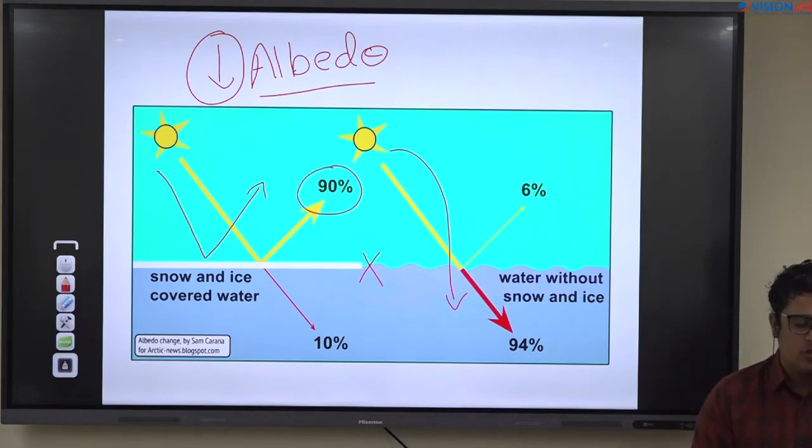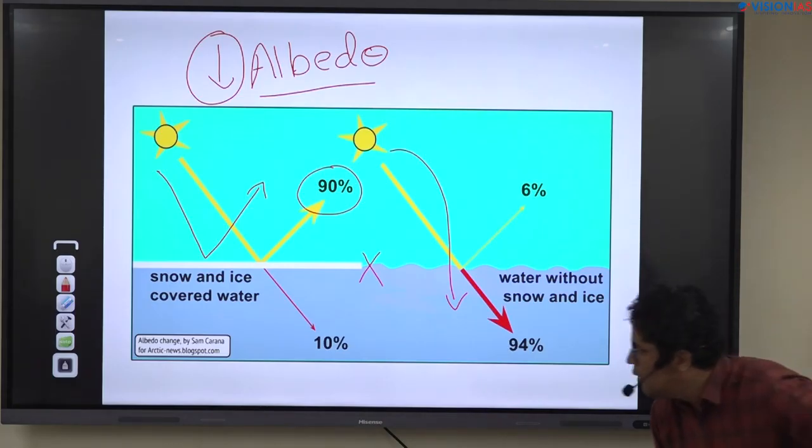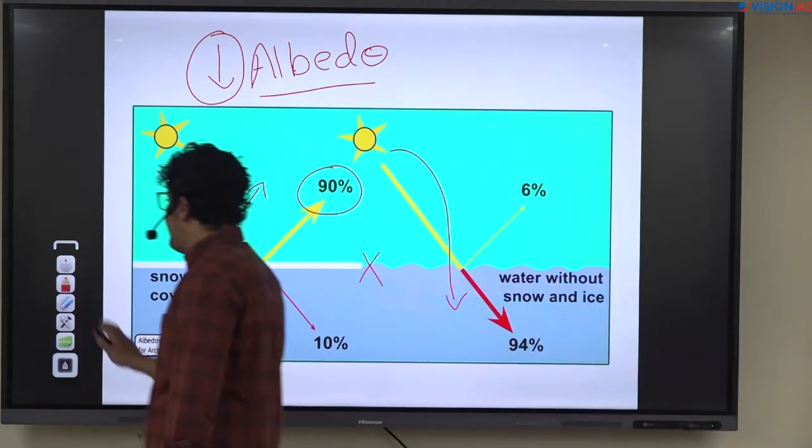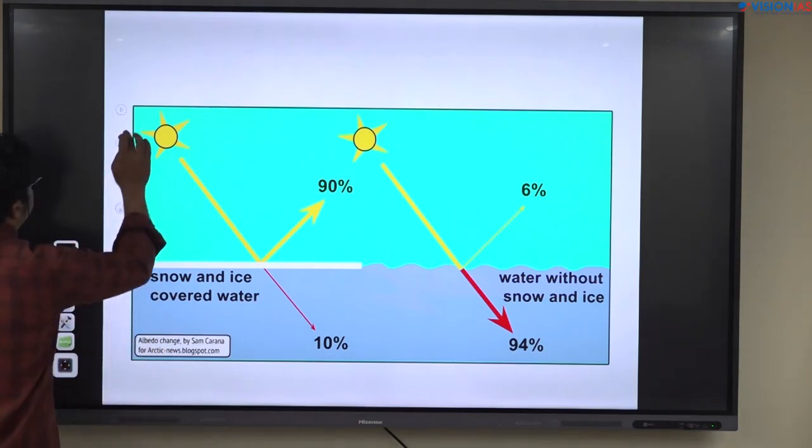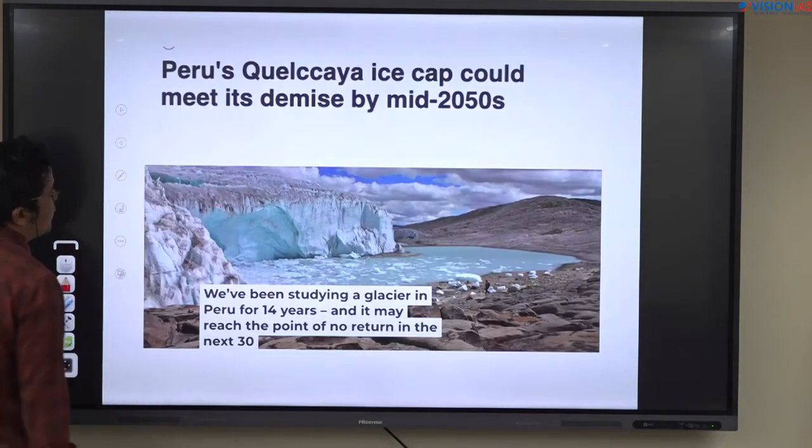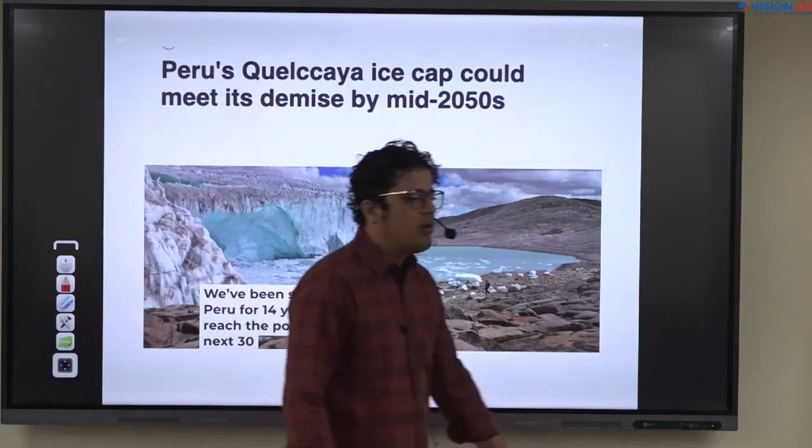So we can say that glacier melting can increase the rate of global warming.